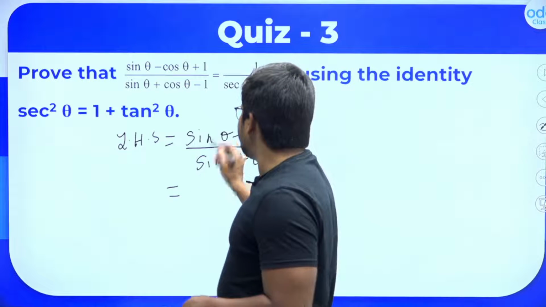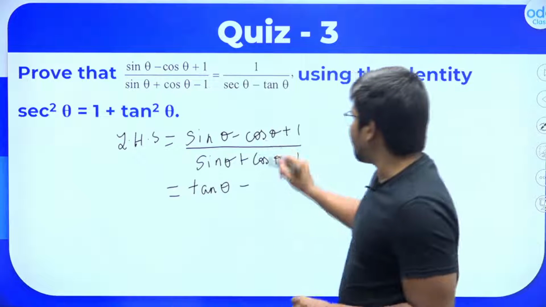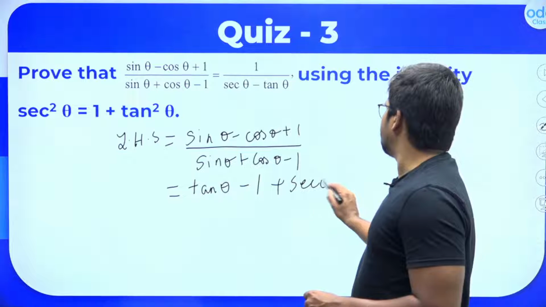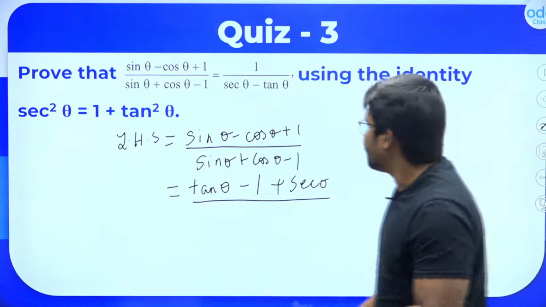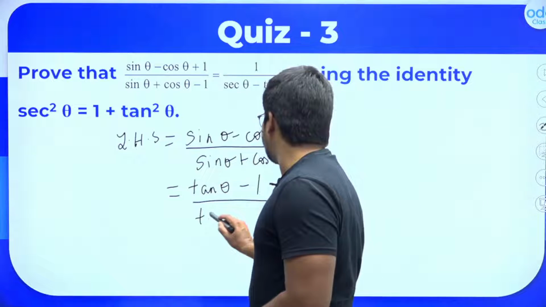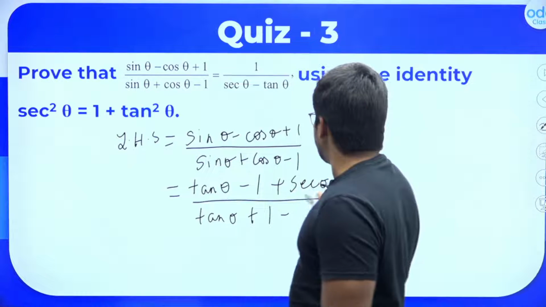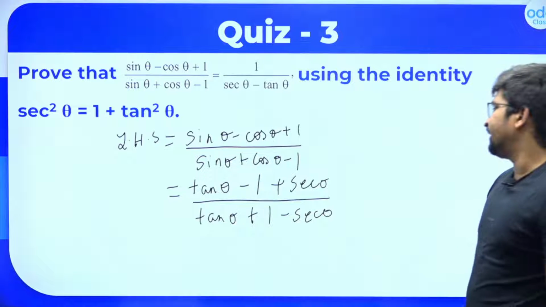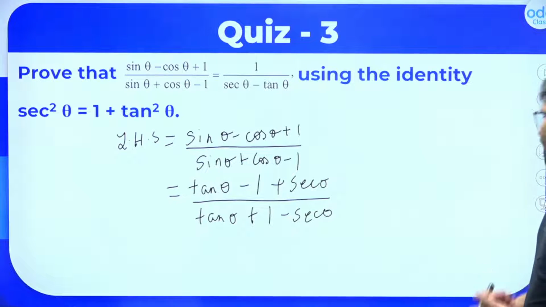Sin theta will become sin theta by cos theta, which is tan theta, minus cos theta by cos theta is 1, plus 1 by cos theta is sec theta, whole divided by, again the denominator you are doing the same: sin theta by cos theta is tan theta, plus cos theta by cos theta is 1, minus 1 divided by cos theta is sec theta. That also you got. Correct? So you have tan theta minus 1 plus sec theta whole divided by tan theta plus 1 minus sec theta.